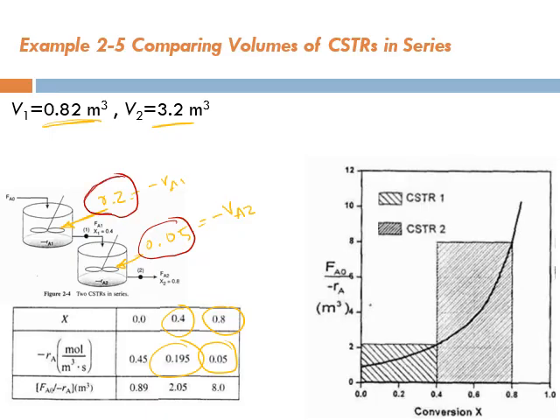And as we said, the volume is inversely proportional to the rate of reaction. Since the rate of reaction is very large in the first reactor, the required volume will be very small compared to the second reactor. So we explained why V2 is larger than V1, although both of them are achieving 40% conversion compared to the feed to the first reactor.